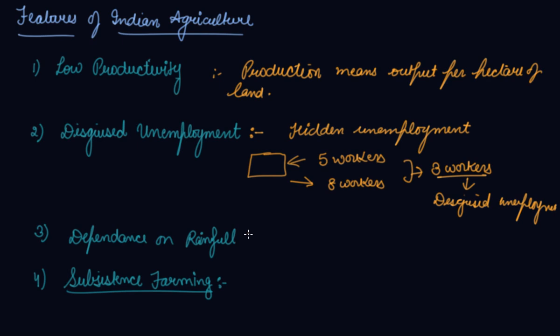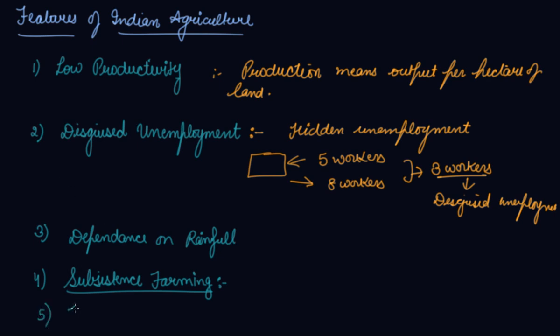So their main motive is not to earn profit, but family survival. So they are growing subsistence crops like rice and wheat rather than commercial crops. Subsistence farming is again a main feature of Indian agriculture.